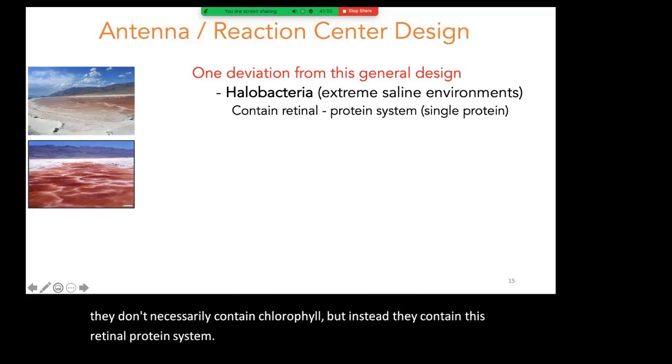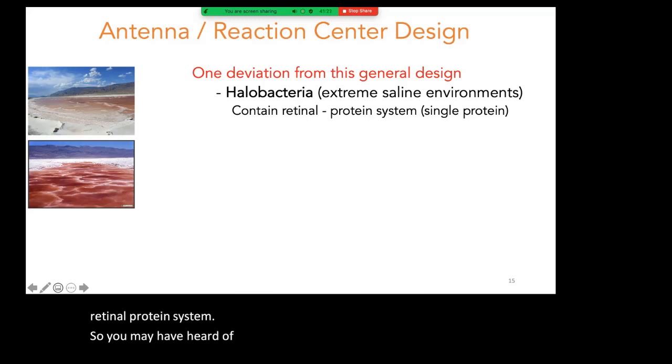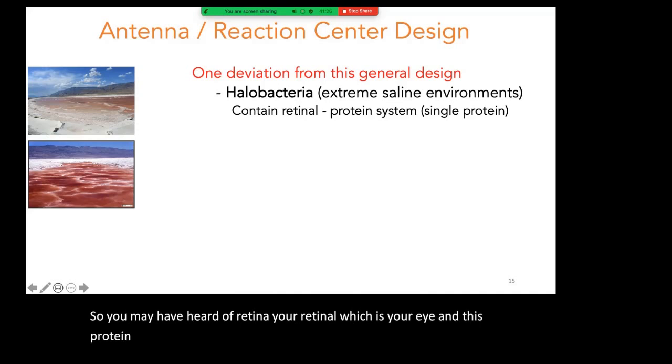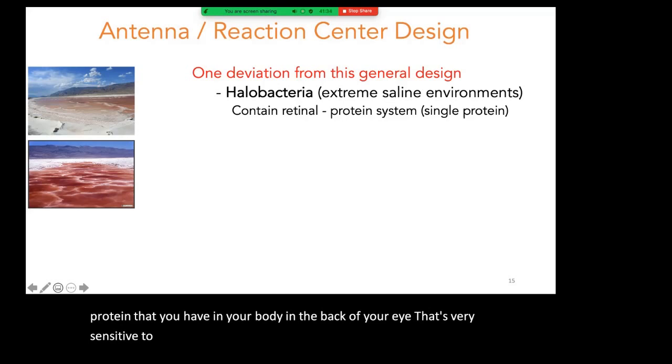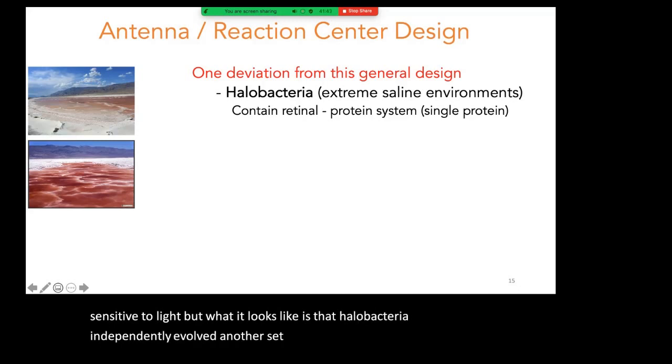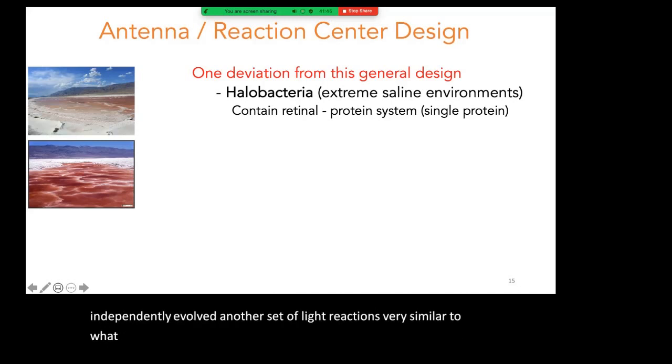You may have heard of your retina, which is in your eye. This protein, retinal, is very sensitive to light. In fact, it's effectively the same protein that you have in the back of your eye, that's very sensitive to light. But it looks like halobacteria independently evolved another set of light reactions very similar to what we see in other bacteria and in the land plants and algae.